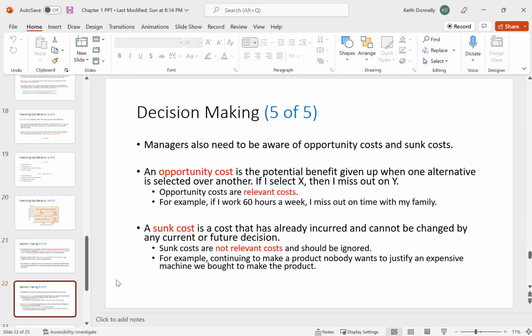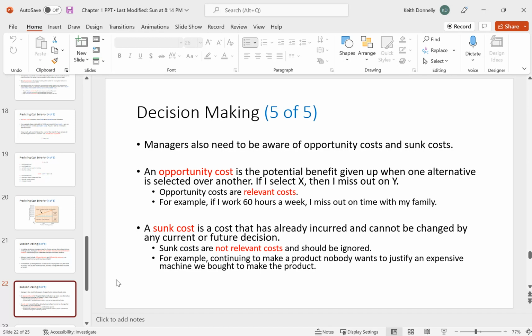There are other costs as well that are relevant and not relevant. So a relevant cost that we should consider is an opportunity cost. And an opportunity cost, as I have here, is the potential benefit that's given up when one alternative is selected over another.